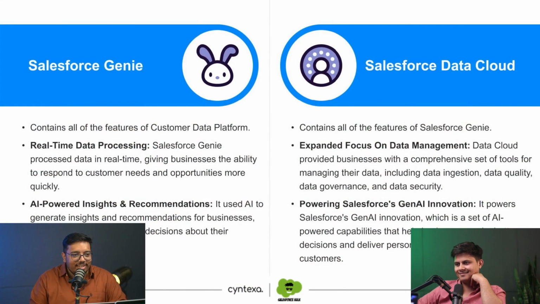And then comes Salesforce Genie, which was released last year. In the CDP platform itself, they gave 2 new capabilities. They identified a need for real-time data processing. They wanted to help businesses that track data from wearable devices and IoT devices, whether cars or manufacturing industries where they have big conveyor belts with different kinds of sensors.